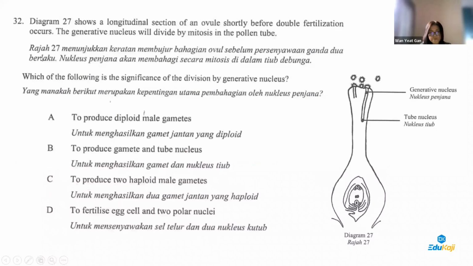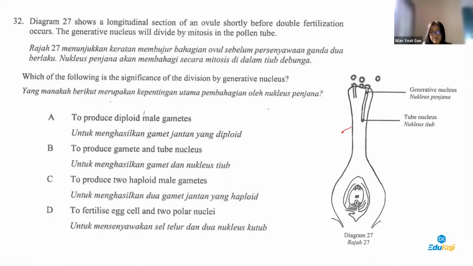Okay, 32. Diagram 27 shows a longitudinal section of an ovule shortly before double fertilization occurs. The generative nucleus will divide by mitosis in the pollen tube.